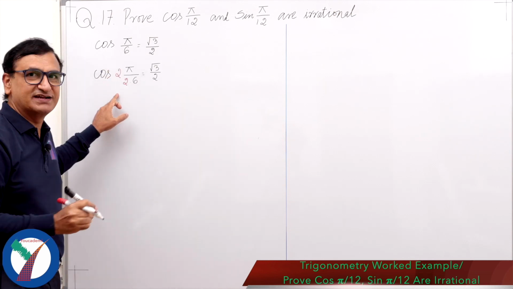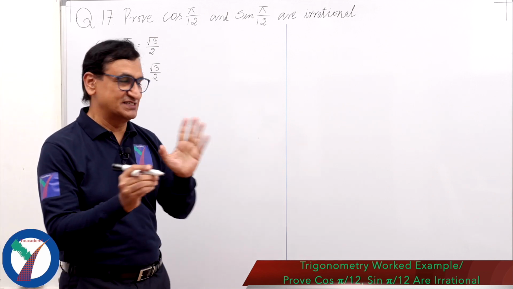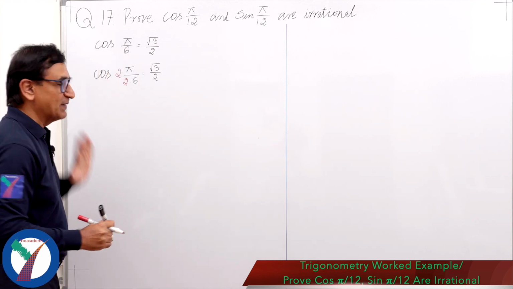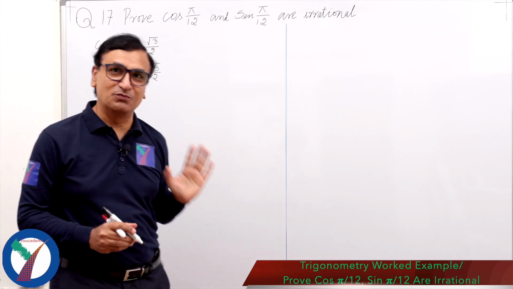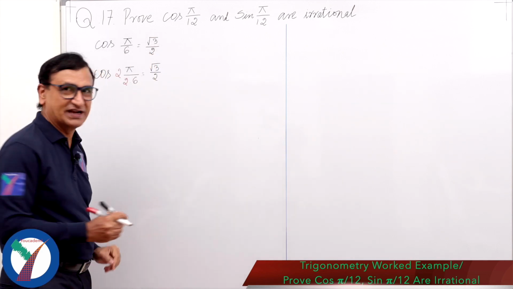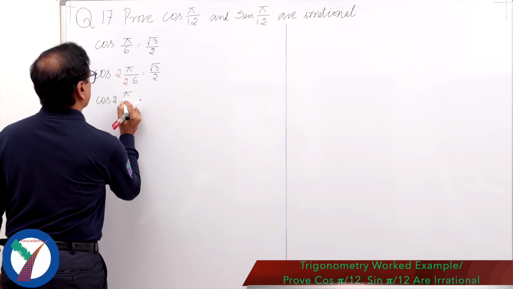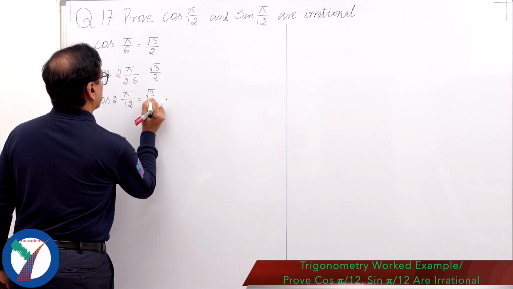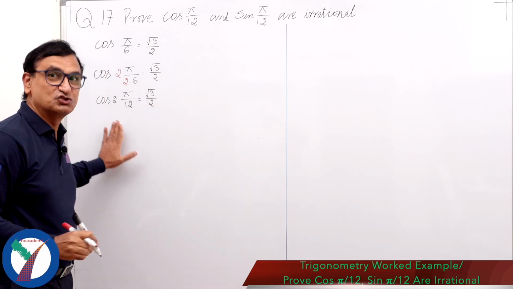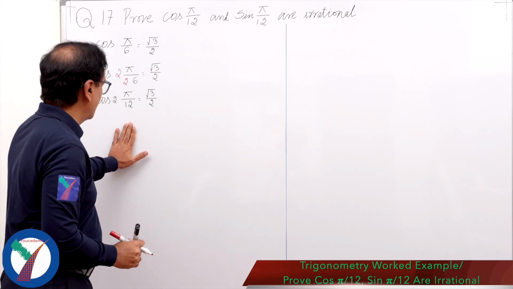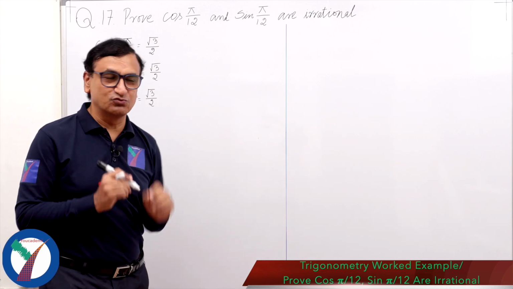I've just multiplied and divided by 2. That's it. So I can apply the cos 2x formula here, right? So this I'm going to write as cos 2 times pi by 12 equals square root of 3 divided by 2.